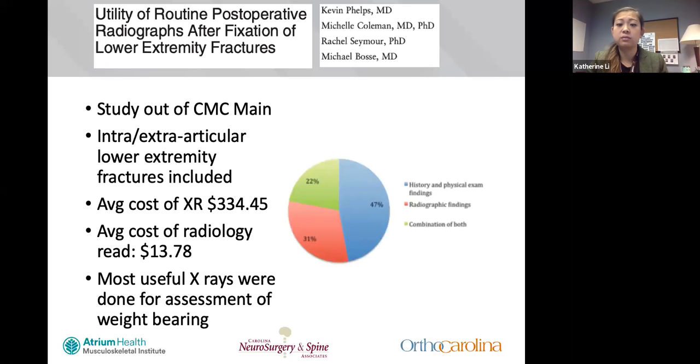This again shows of the 31% that actually had change in management, only 31% of those were solely based on radiographs. So if we eliminate these 2.23 radiographs per patient, then we could eliminate their overall radiographic costs by about 50%, as this study found. And if we extrapolate this on a national level, it could be cost savings of over $370 million for a single year.